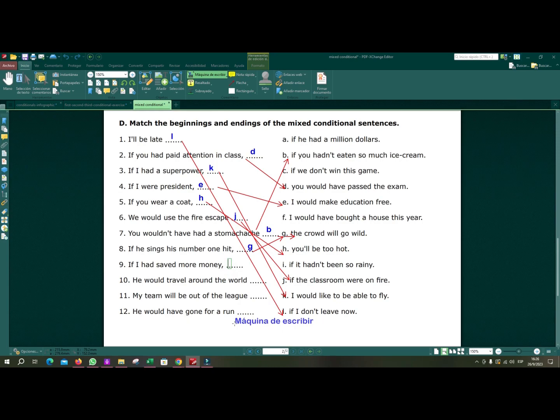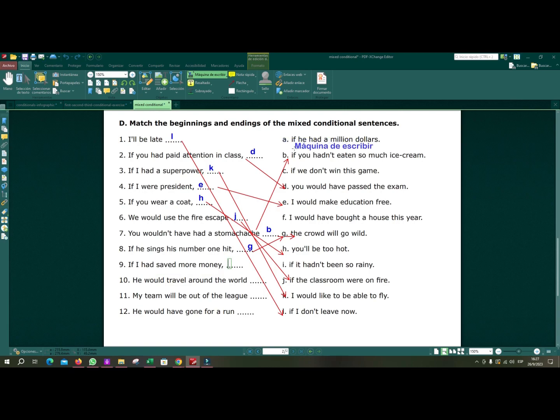So 9. If I had saved more money, which could be that one? Number 9. Letter A? No, because here you have if and if. Remember, Mr. Mario, you can't have if in both clauses, right? One has if and the other is a main clause.